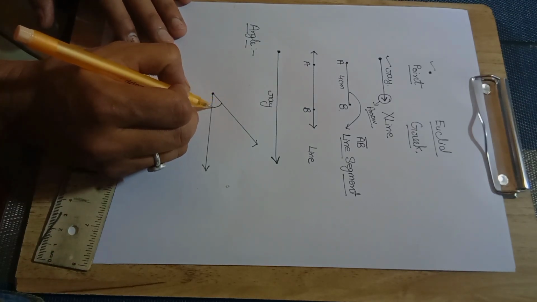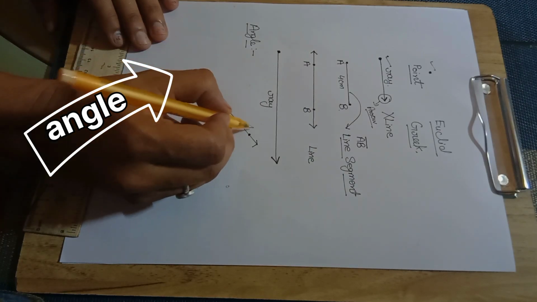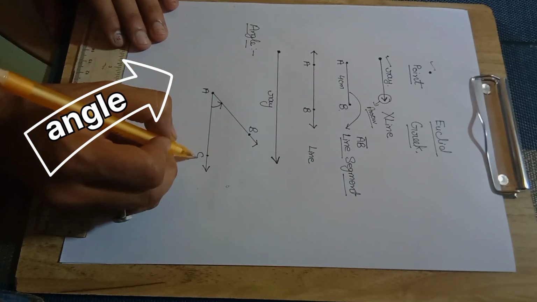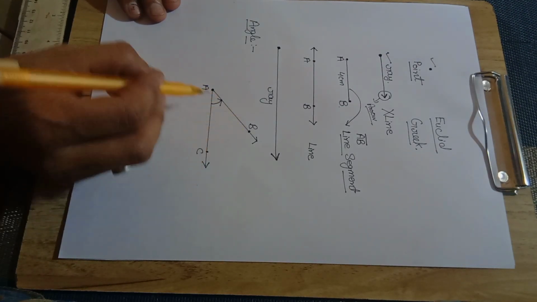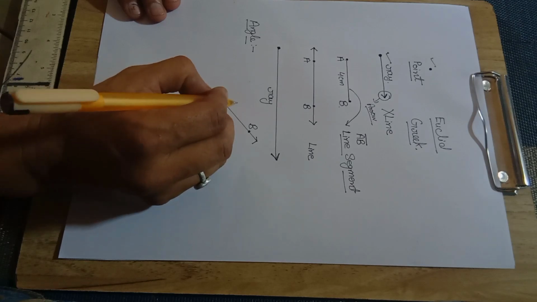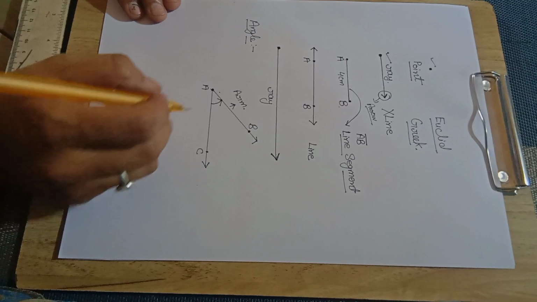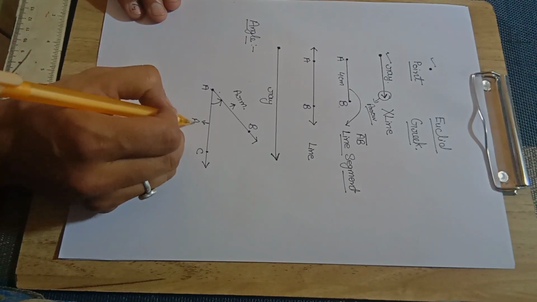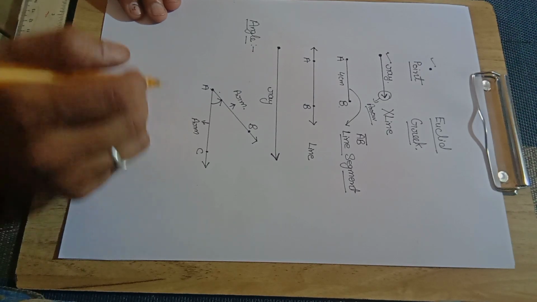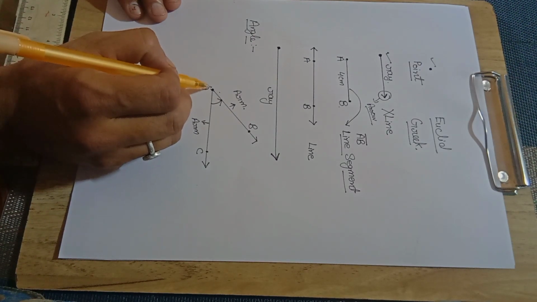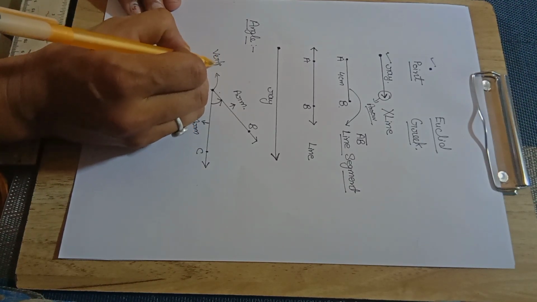Their joining point is called the angle. Name it as A and B and C, whatever you want. So these two rays, AB and AC, we call AB the arm of one angle and AC the second arm of this angle. And this point A is called the vertex. This point A is called the vertex.